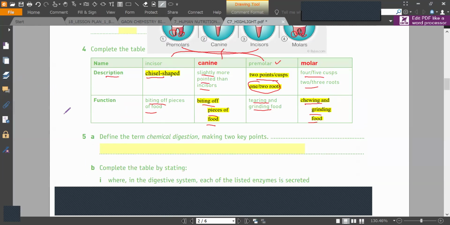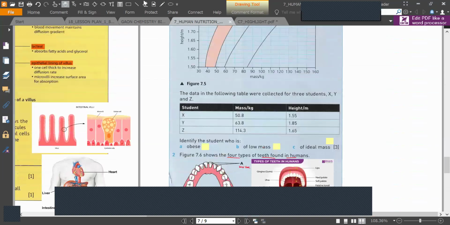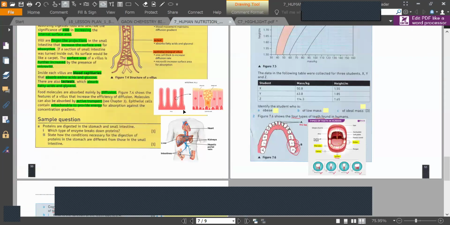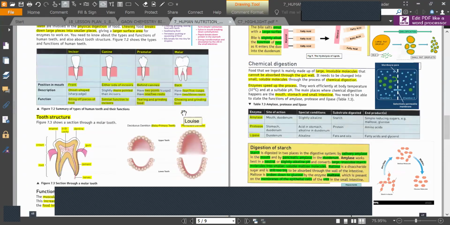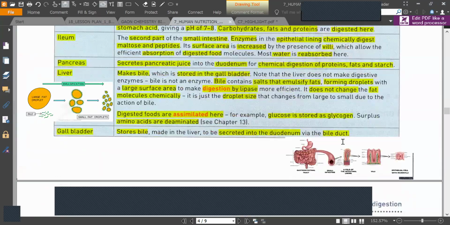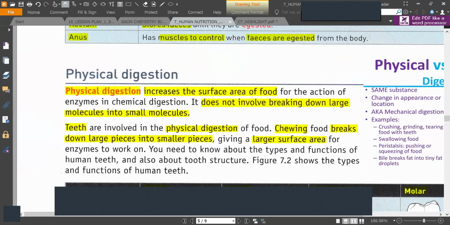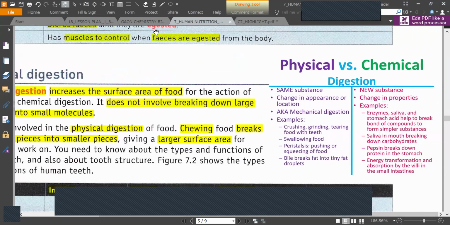Next, define the term chemical digestion, making two key points. So we remember the difference between chemical and physical digestion. Main point, physical digestion is still the same substance, like it is still starch.